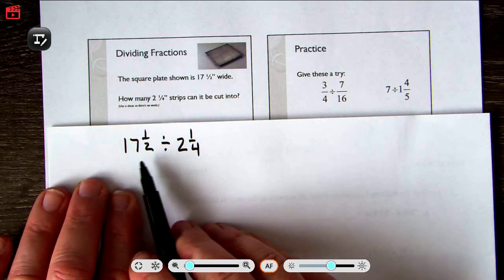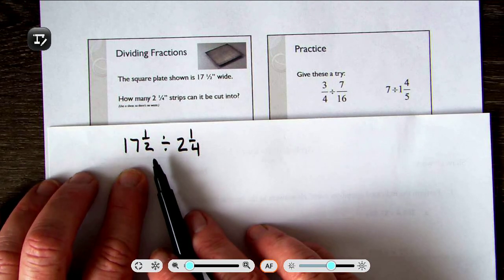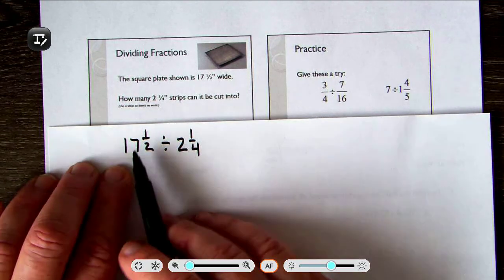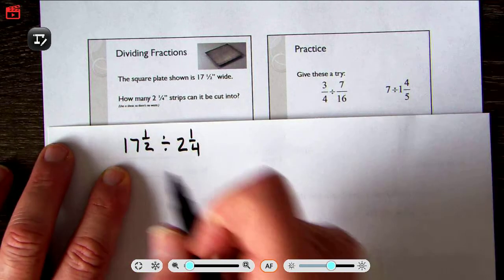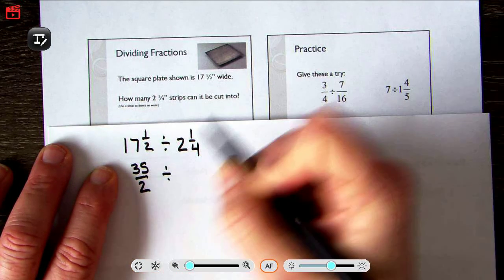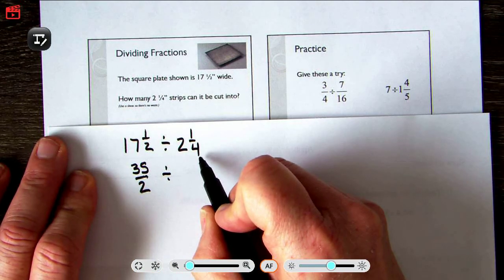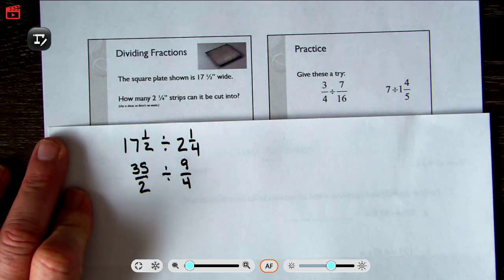Okay, to do this with mixed numbers, we need to change them to improper fractions first. So 17 times 2, 34, plus 1, 35. 2 times 4 is 8, plus 1 is 9.